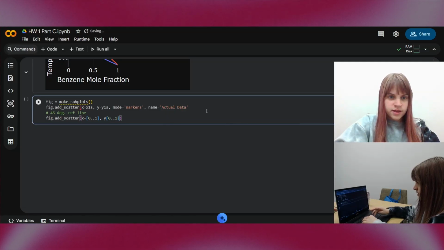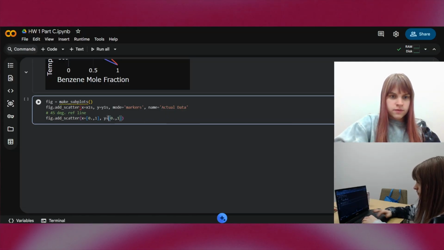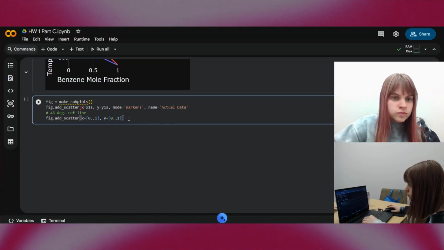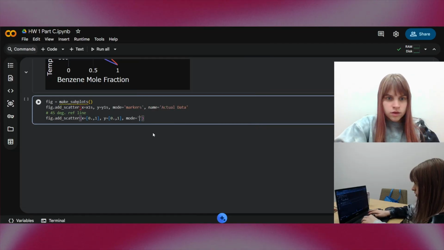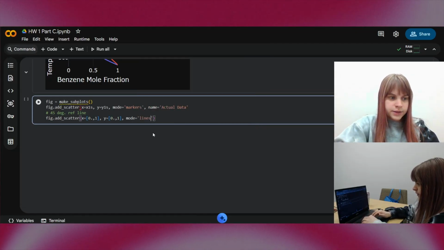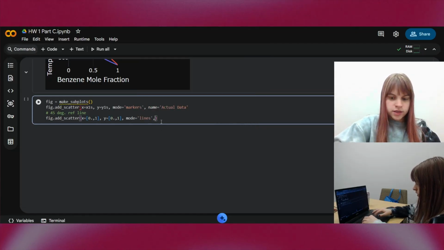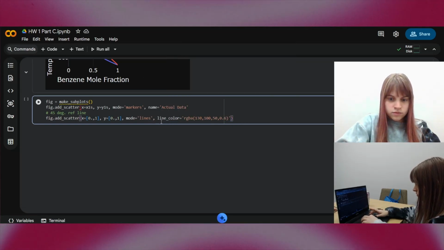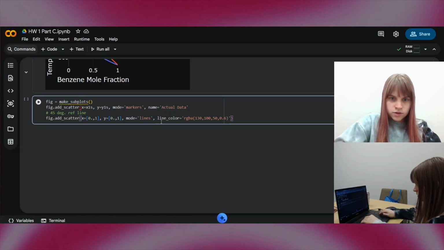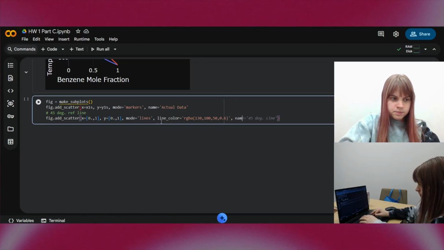So we have that same thing here. And we'll have this be a line, and I'm going to give it a line color and give it a name.